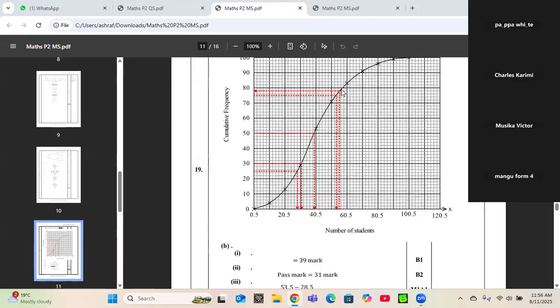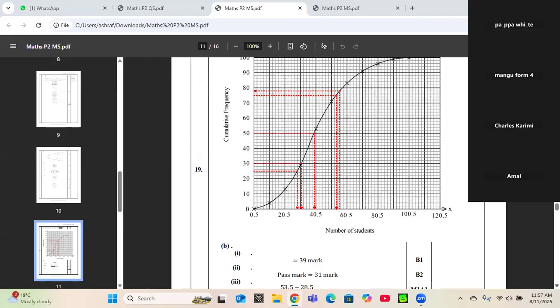In order to get the upper quartile, we do 3/4 of the frequency. Good. So we take 3/4 of the total frequency. That is 3/4 times 100. We are going to get what? 75. Then you go to 75 on the y-axis and read the corresponding value on the x-axis.